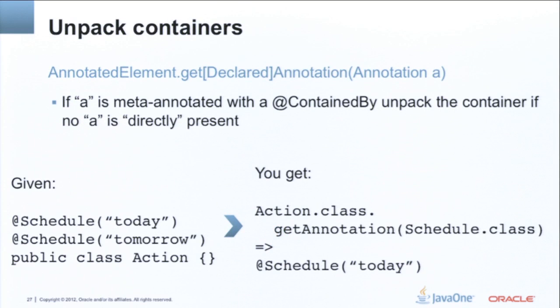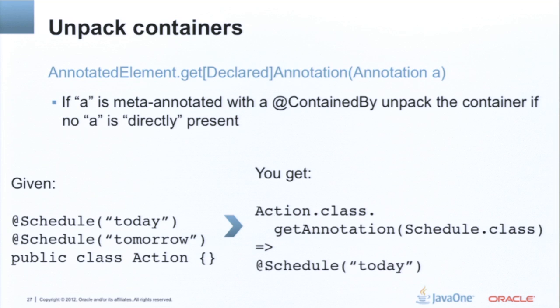So we need to unpack the containers. And the spec says basically if an annotation A that you are looking for by doing the annotated element getAnnotation or getDeclaredAnnotation is meta-annotated with contained by, then if you can't find it directly, go and look for A's container.